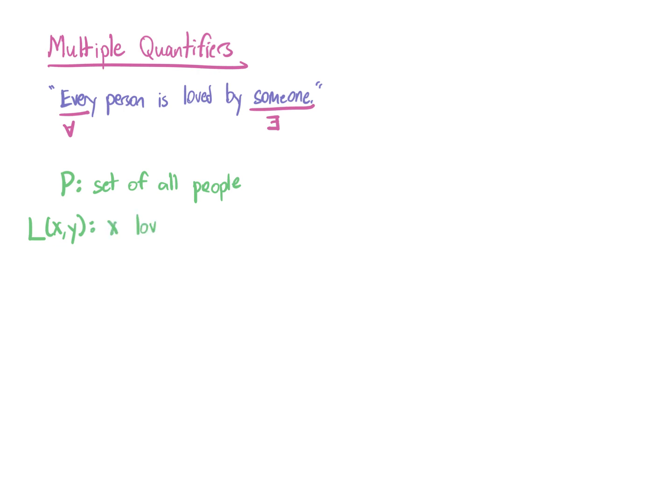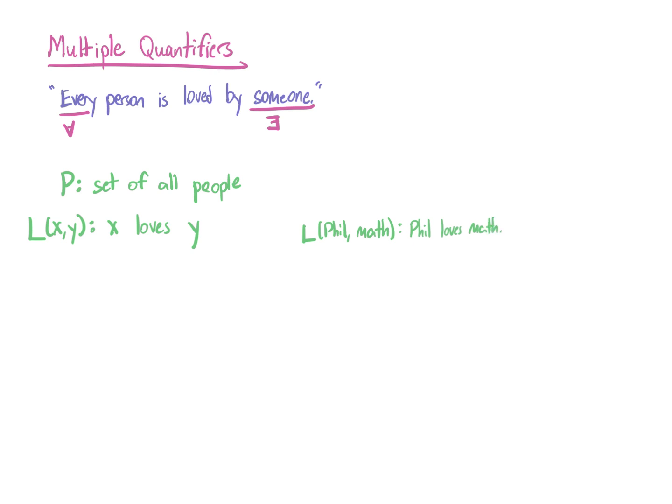L(X, Y): X loves Y. So, for example, with this predicate L, L of Phil and math is true. Phil loves math.